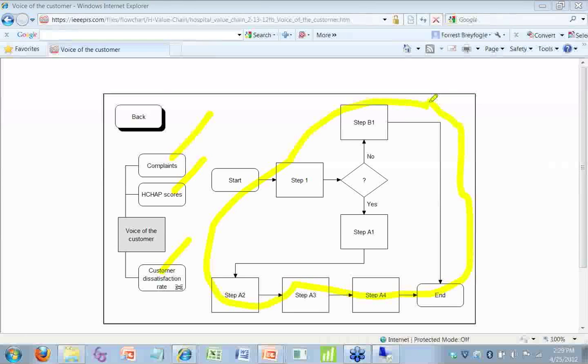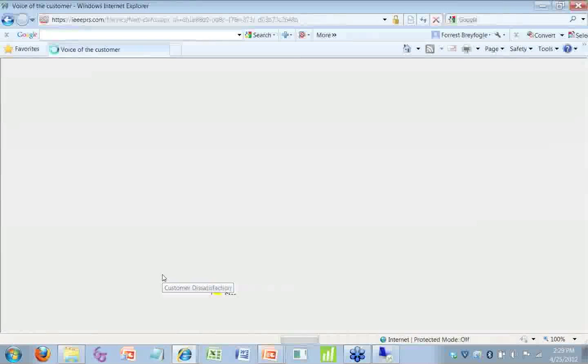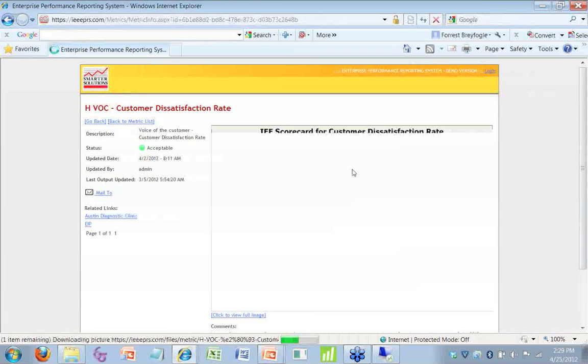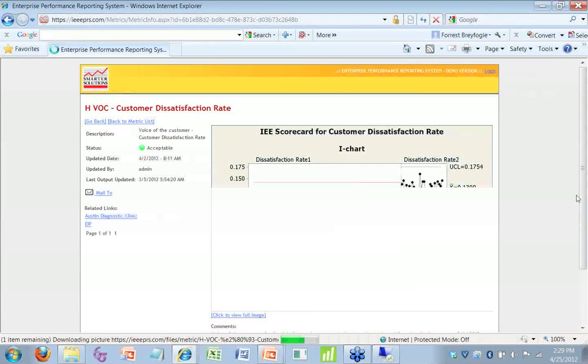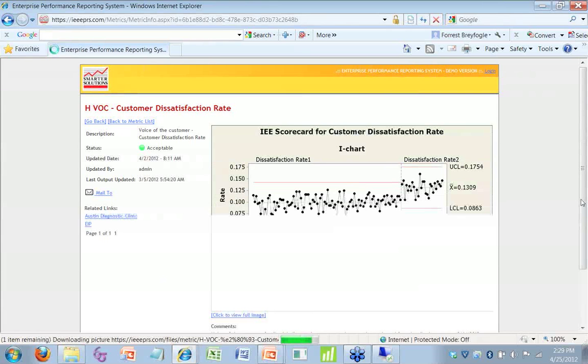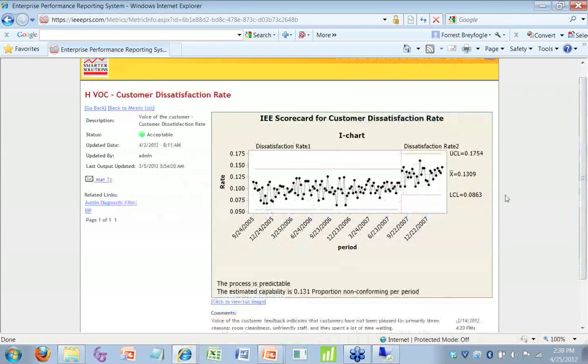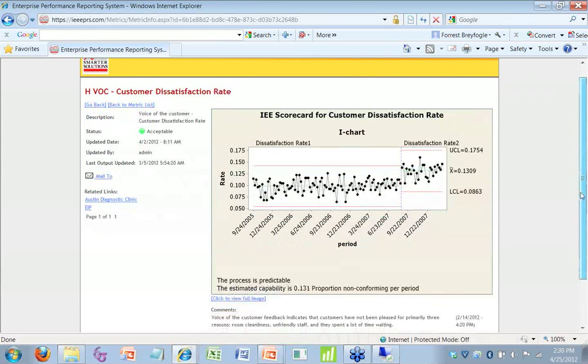So again, we're linking Y as a function of X. So now if we click on customer dissatisfaction, what we see is our dissatisfaction went up. Well, that's not good.